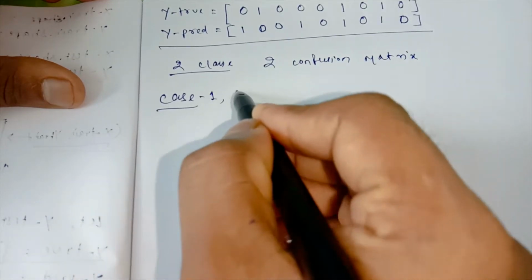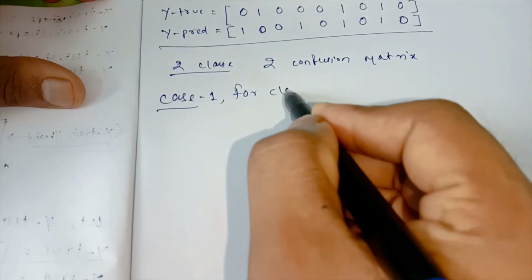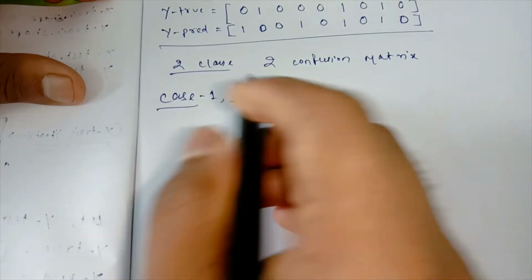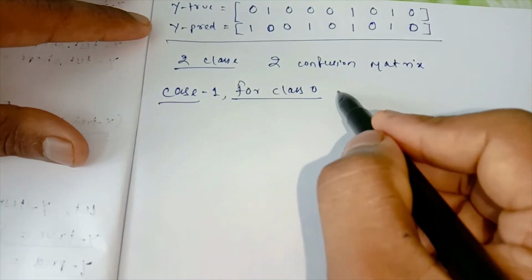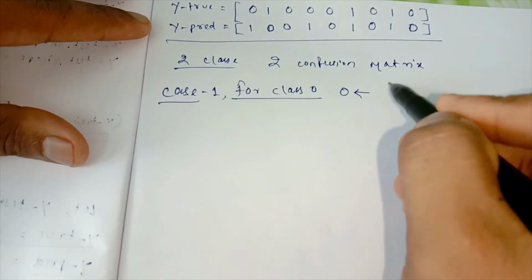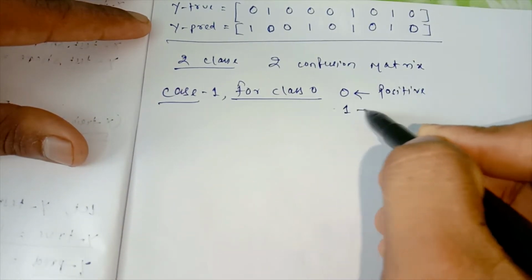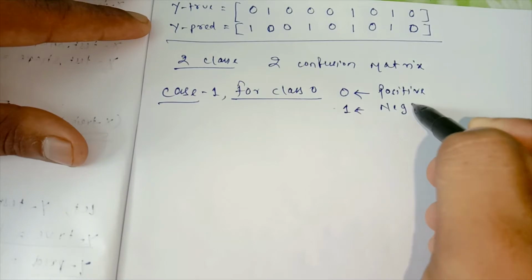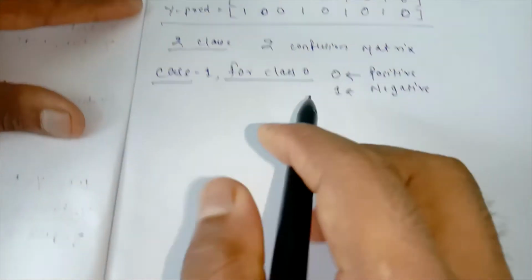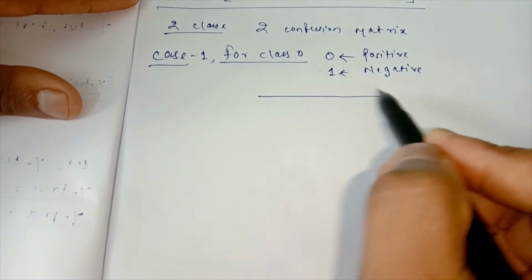Case one is for class 0. For class 0, 0 is considered positive and 1 is considered negative. So let's build its confusion matrix.